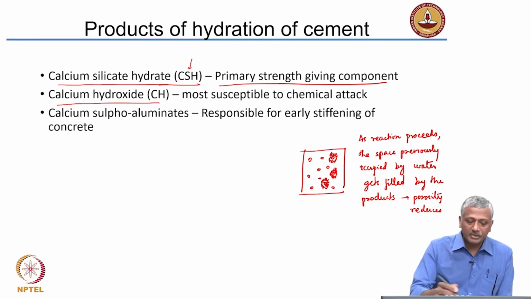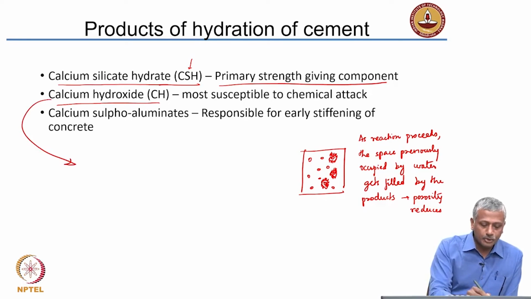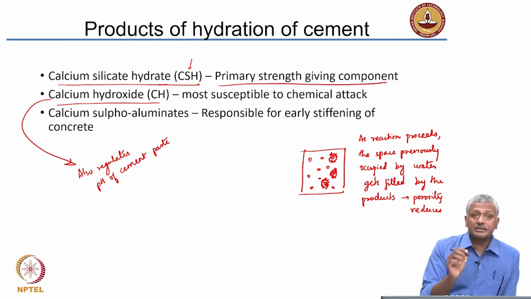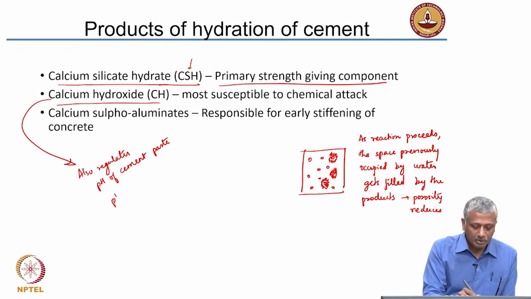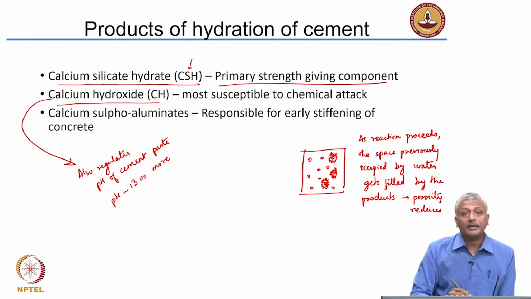And the calcium hydroxide also regulates the pH of the cement paste. General cement paste will have a pH of around 13 or more. That means it is highly alkaline.